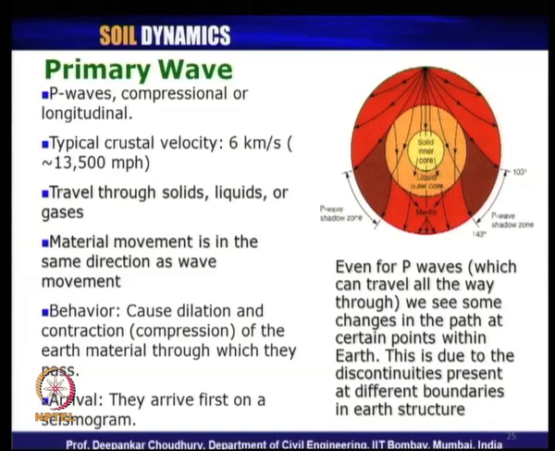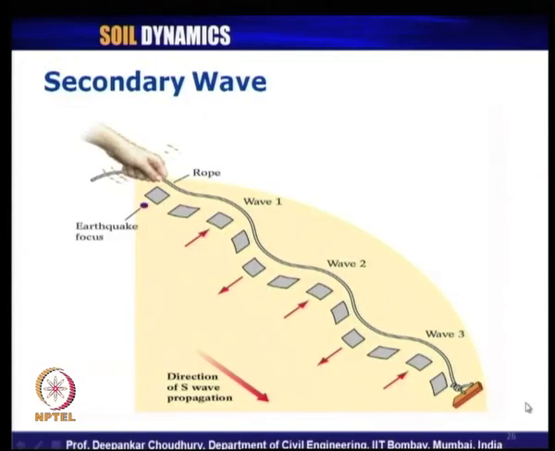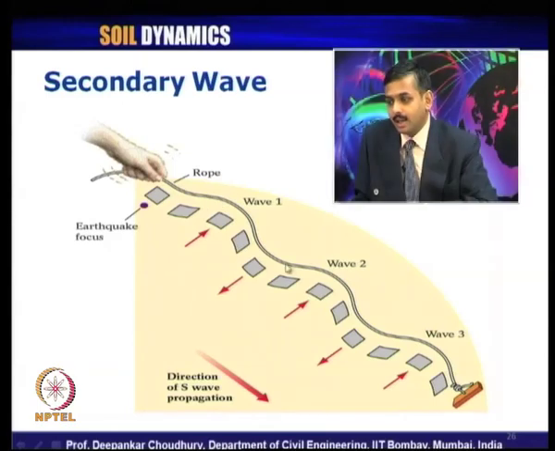Now, let us continue with the same thing for today's lecture with the next type of wave, that is secondary wave. So, what is the basic behavior of secondary wave? Suppose the earthquake focus is here and the direction of S wave or secondary wave propagation is in this direction, then its behavior is something like, if you use a rope and it continues vibrating like this.